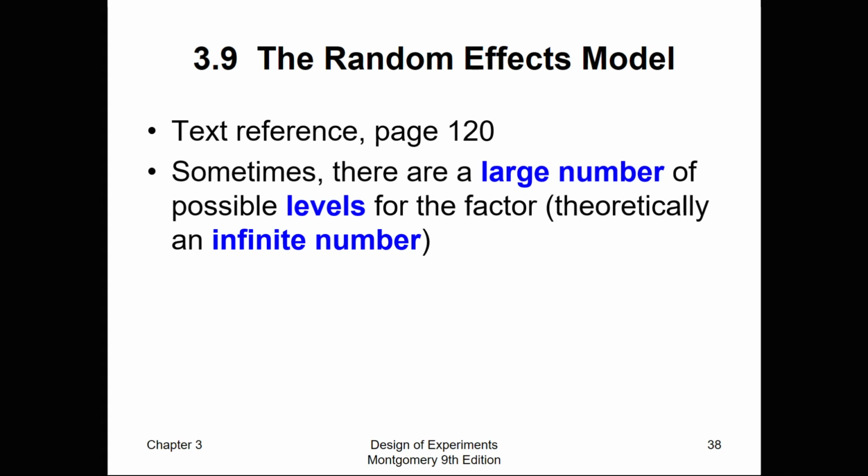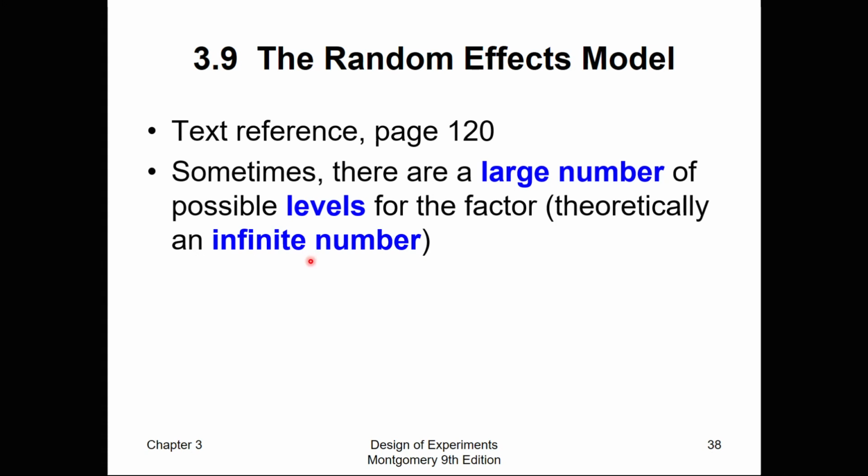Now, there's pepperoni and sausage and bacon, which are, of course, the best pizza toppings, but you could also have other things like asparagus and anchovies and super weird stuff. In that particular case, there's a large number of different factor levels, too large for us to include them all in our study. Let's say theoretically there's an infinite number.